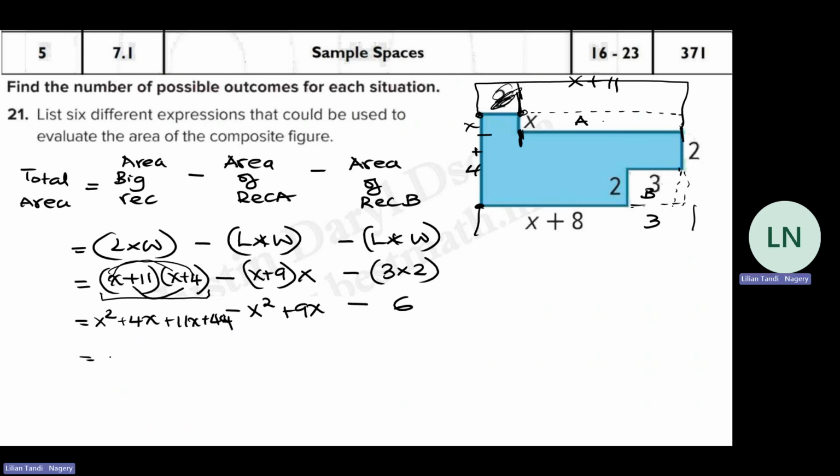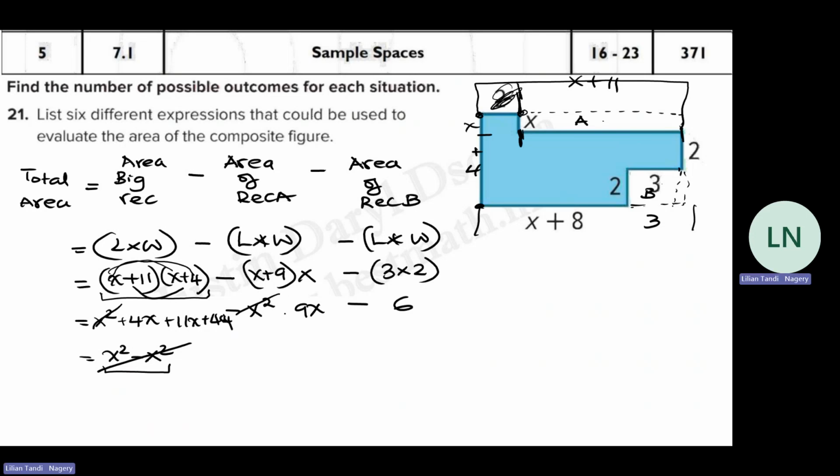Okay? So you're going to have x squared minus x squared. This goes away. Okay? Then you're going to have, no, wait.